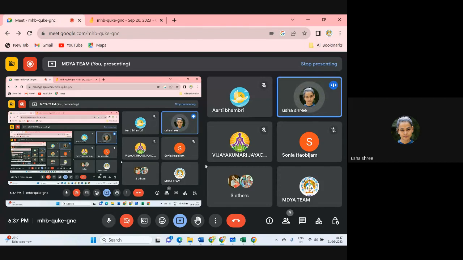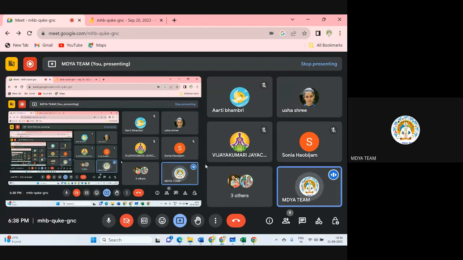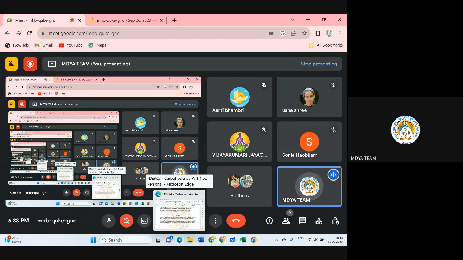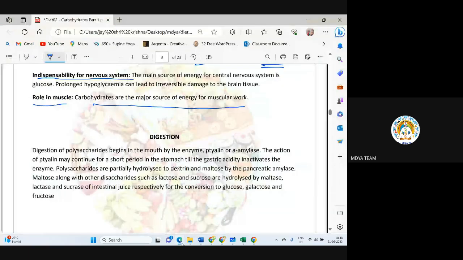If there is deprivation of carbohydrates in the body, then the proteins will be used as a source of energy. And this creates waste in the body, which leads to acid creation, and when a lot of acid is accumulated in the body, it causes acidosis. Okay, very good. So I hope it will be clear to all.